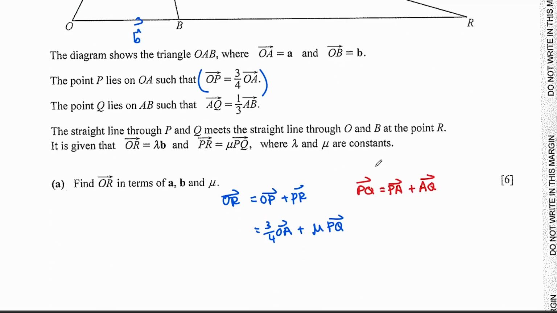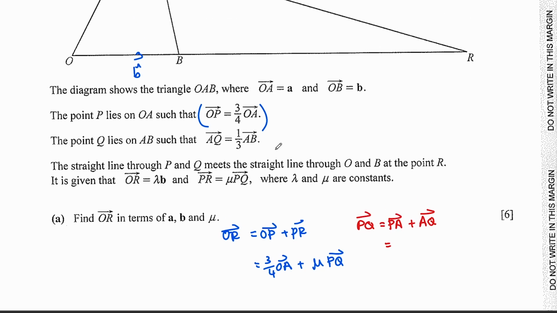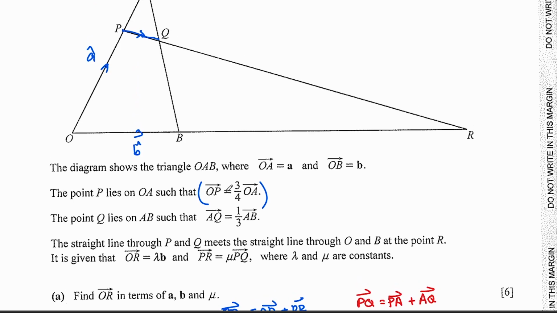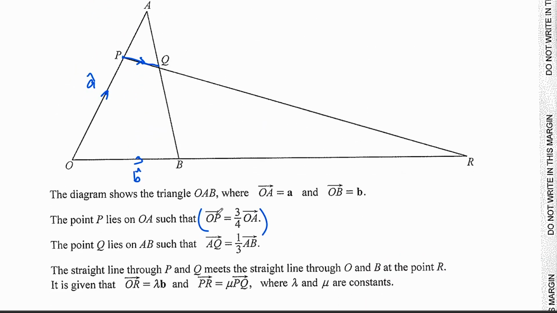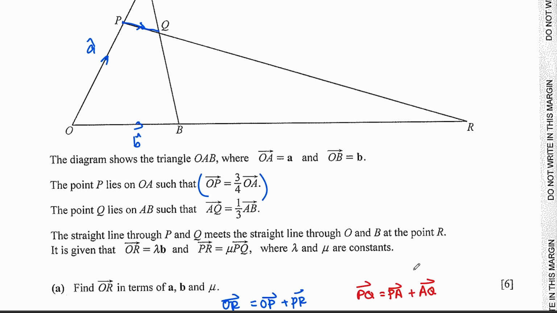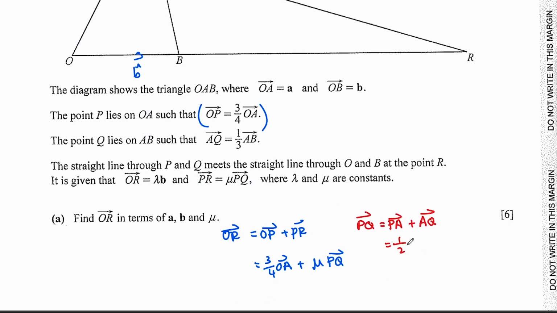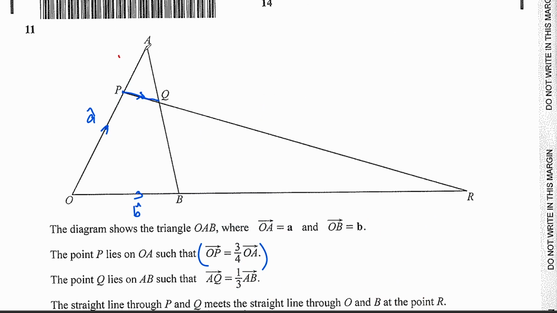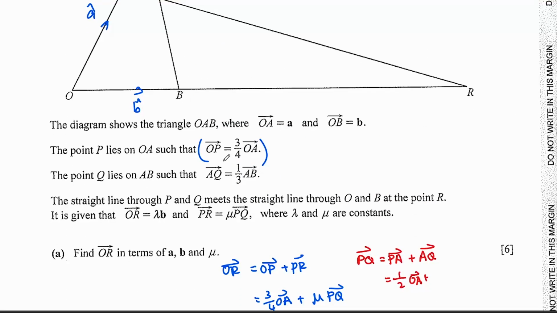Right, so there's a slightly more tricky thing that we need to do. We know that OP is 3/4 of OA. So P to A, that will be 1/4 of OA. And then AQ, we can represent it as 1/3 of AB.